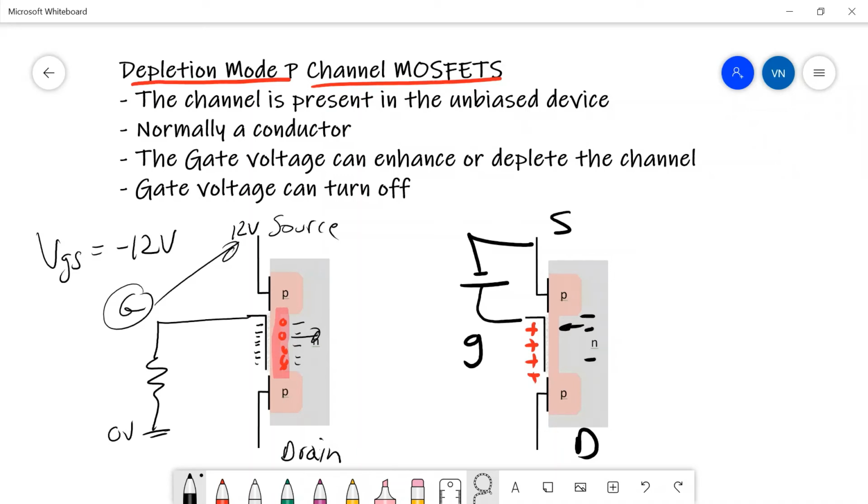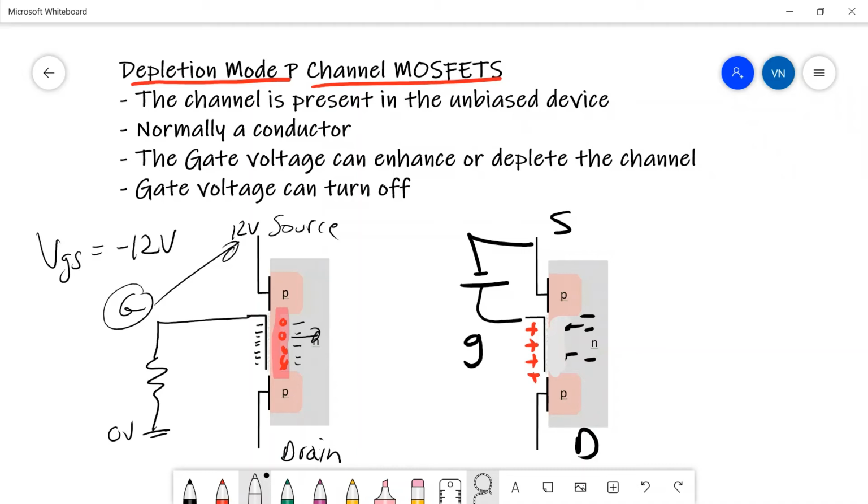The electrons will come into this area and fill up the holes. So it'll deplete the carriers in that area, and we will essentially narrow the channel, because we'll increase the size of the N region and narrow that channel until finally we'll have depleted all of the carriers and it will no longer conduct.